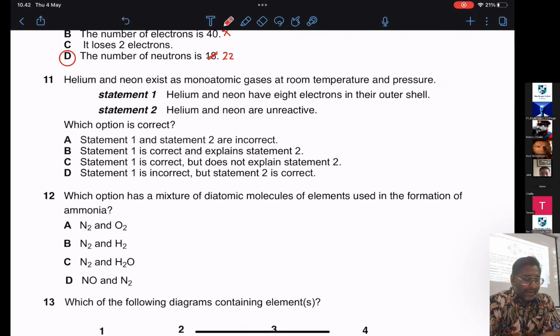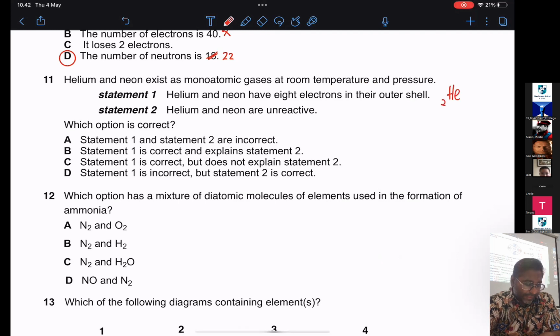So I will assume that this is atom, yeah? Maybe I do not know what is the point of view of the question. If they view this as ion, then it should be mentioned as ion, okay? But they didn't mention as ion, so I'm taking it as an atom.